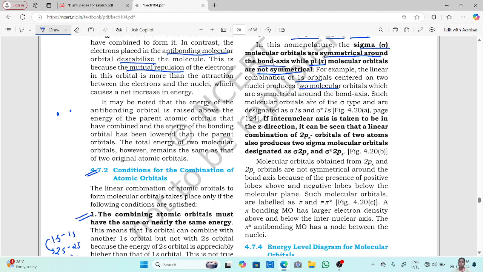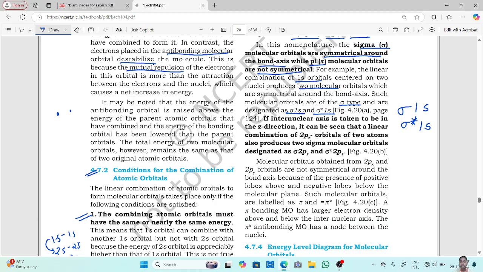Now such molecular orbitals are of the type sigma, and are designated as sigma 1s and sigma star 1s. Since they are forming bonding molecular orbitals and they have a symmetrical structure around the bond axis, they are sigma, and we will depict them. Since we have used 1s orbital and the bond formed is sigma, we will designate them as sigma 1s, and for antibonding it will be sigma star 1s.